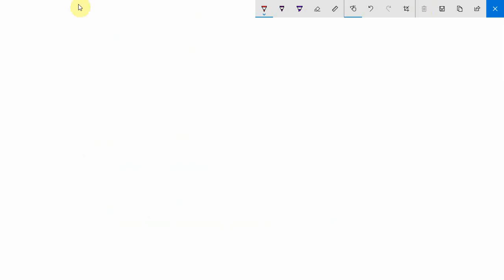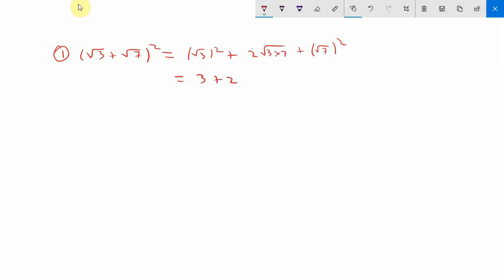First question, find under root 3 plus under root 7 whole square. What will it be? Root 3 whole square plus 2 under root 3 into 7 plus root 7 whole square. So it will be 3 plus 2 under root 21 plus 7, so 10 plus 2 root 21. Okay.